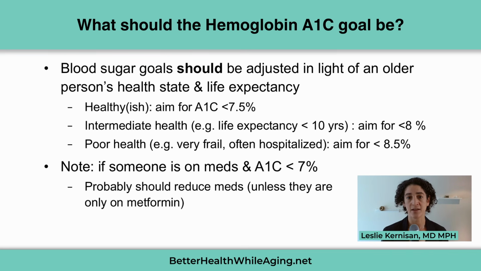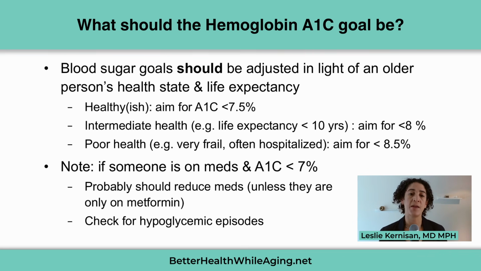Unless the medication they're on is Metformin, which is a specific kind of medication that can't make you go too low, people who are on medicine and have an A1C less than 7%, especially if they're older, are at greater risk of having hypoglycemia episodes where the glucose will be too low. Those can potentially be dangerous for them. So that is something that I personally consider a little flag that maybe we need to reconsider the diabetes treatment.